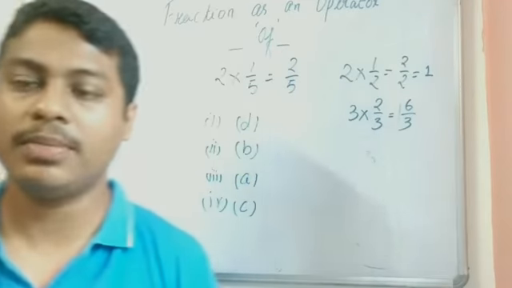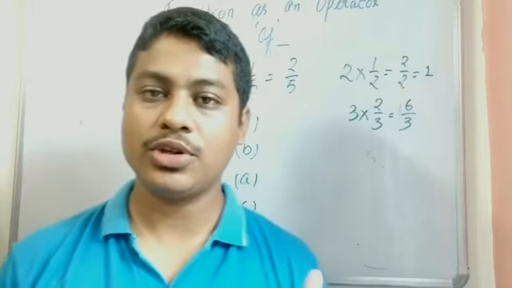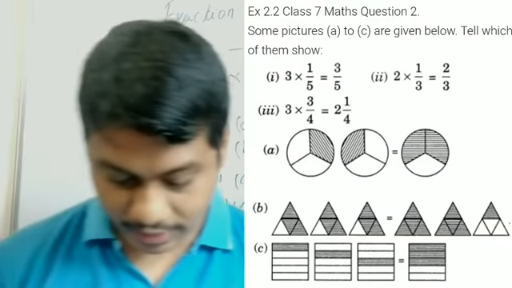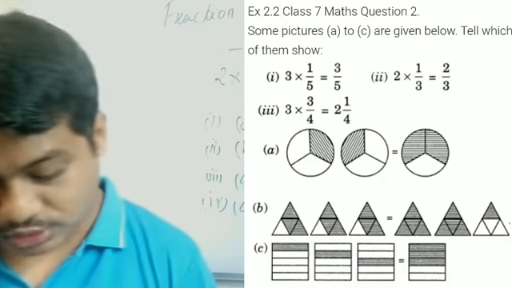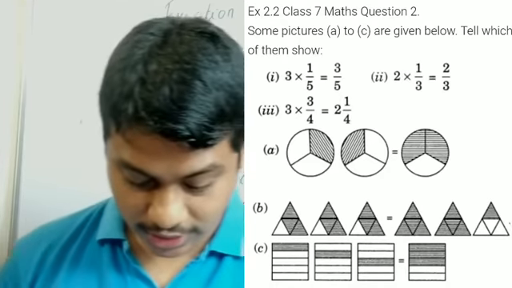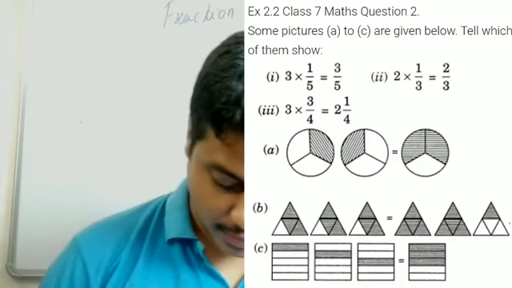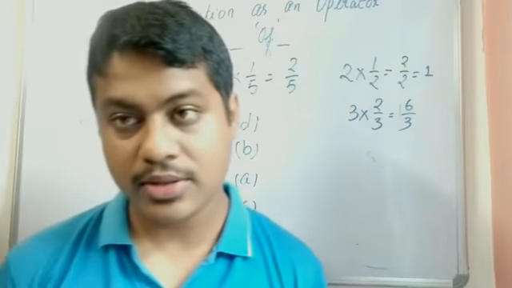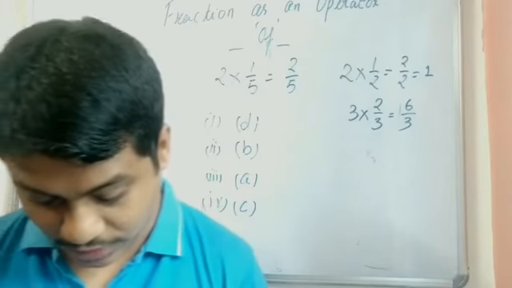Okay, so this is question number 1. Let's go to question number 2. Some pictures A to C are given below. Tell which of them show 3 into 1 by 5, which is equal to 3 by 5. It is already multiplied there. Which of these figures will show it?